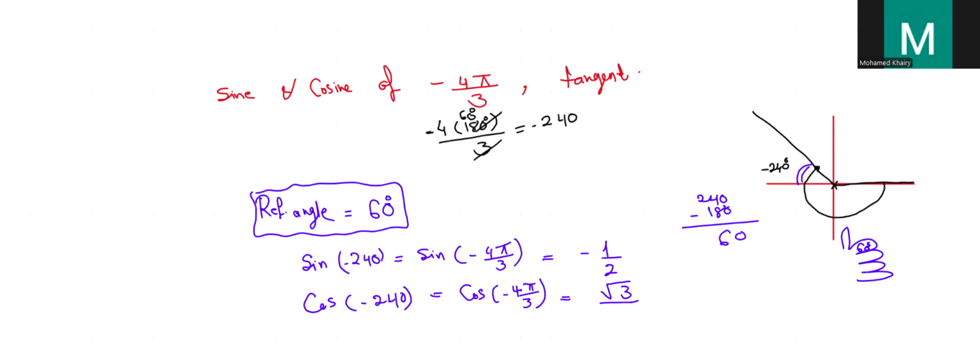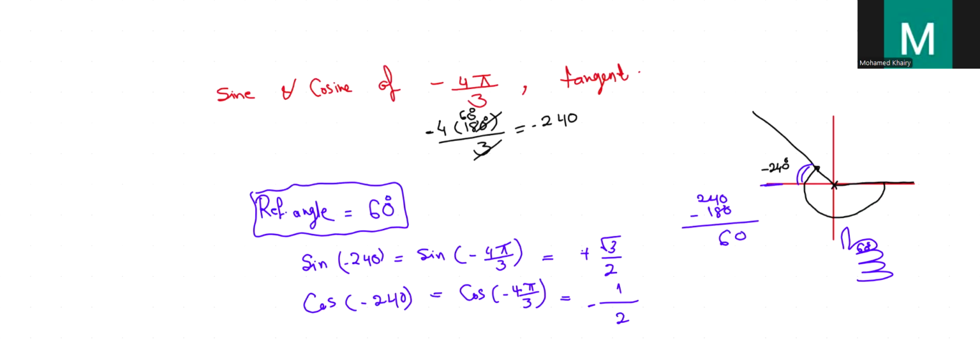Sorry, I just switched. So here it's going to be radical 3 over 2, which is sine positive. Sine is positive. And this is radical 1, which is 1 over 2. We are going to add a negative sign because this is the negative part. Oh, I mean the cosine here is negative.